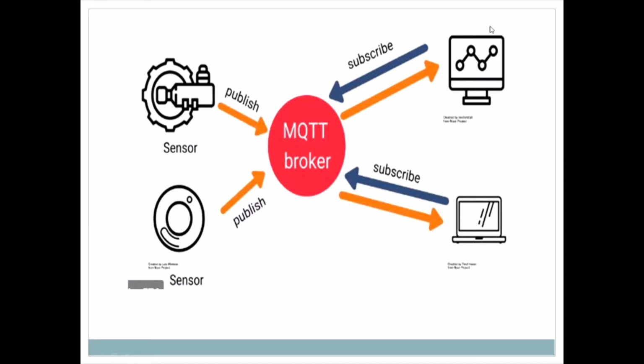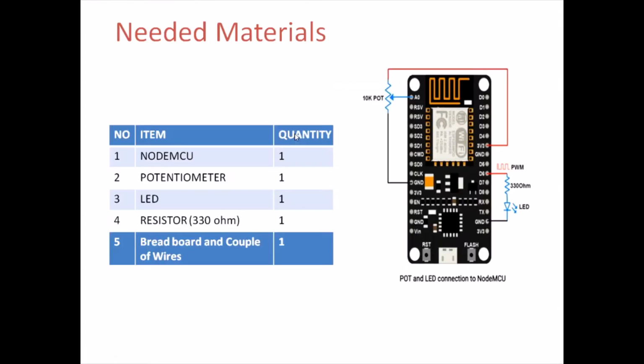Here they are subscribers, all our users who want to receive this published data. Normally they subscribe to the data that has been published to the broker, and the clients can subscribe and they also can publish data to a given topic.